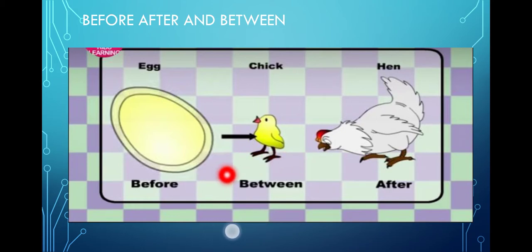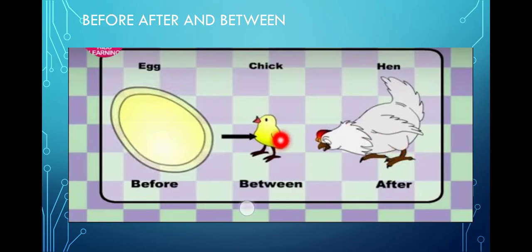So the egg is before the chick, right? And the hen is after the chick. And the chick is between the egg and the hen.